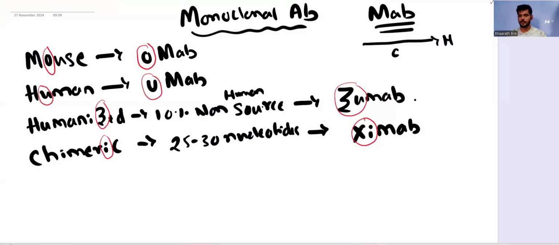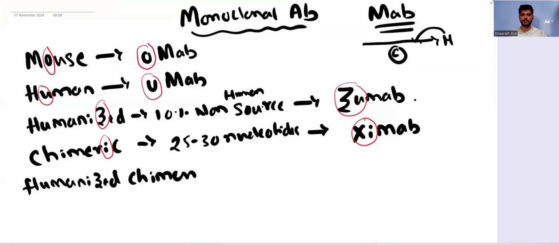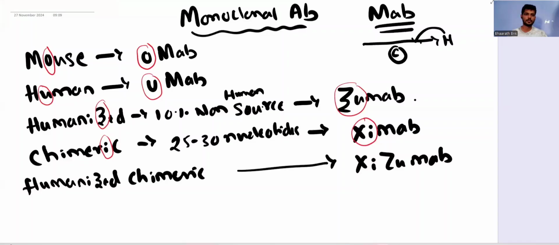So you first produce a chimera and then you humanize this chimera. That is why it is called a humanized chimera, where a chimeric intermediate is produced before the humanized antibody is produced. So if it is a humanized chimera, there is the suffix "xizumab", because it is a humanized chimera.